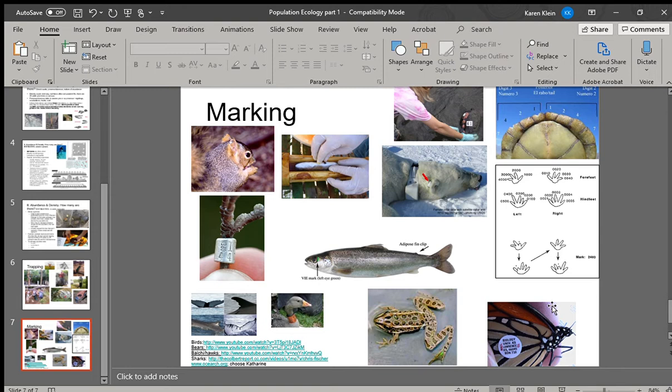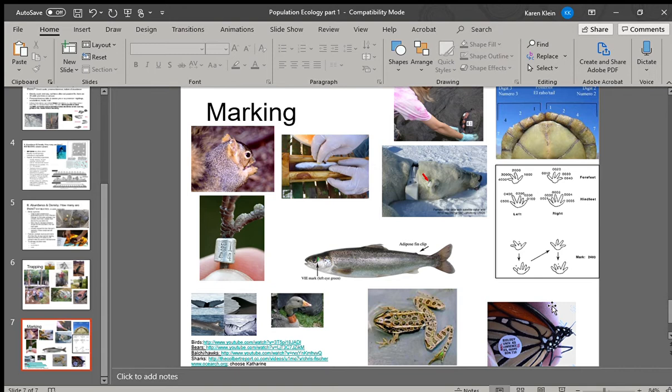But then there are also markings that are unique to that individual of that population, with a series of numbers or letters, for instance.